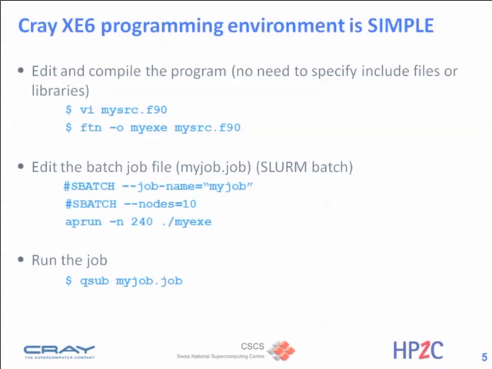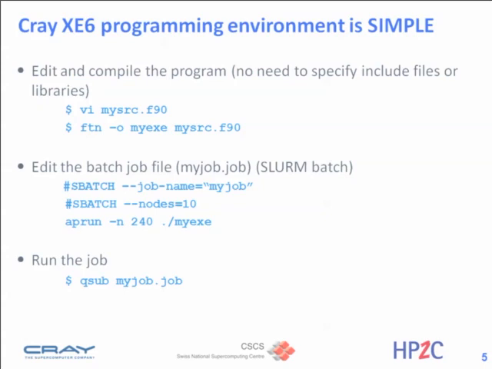Whatever the compiler you are using, the command that you use to compile is always ftn if it's a Fortran program, always cc if it's a C program, and uppercase CC if it's C++. Even with PGI, you would normally use something like pgf90. This is hidden in the Cray environment, and the compiler driver you need to use is always ftn.